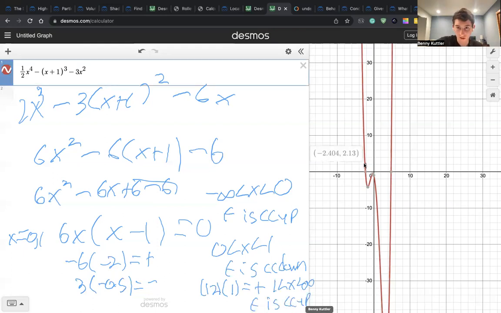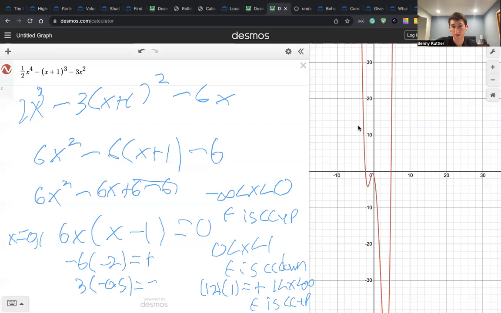If we look at the graph, this is true. At our point 0, the function is concave up. It doesn't look like it's concave up, but the whole time it's slowly getting less steep. The derivative is increasing.